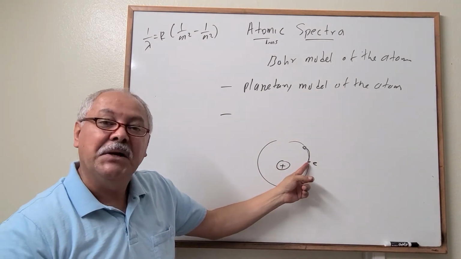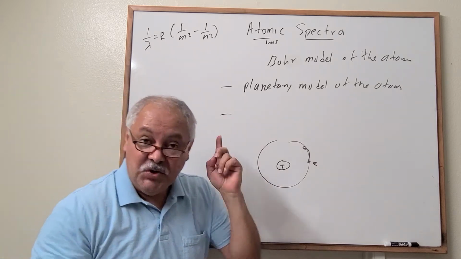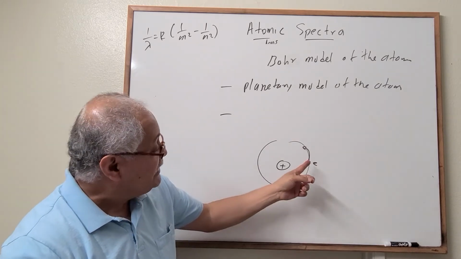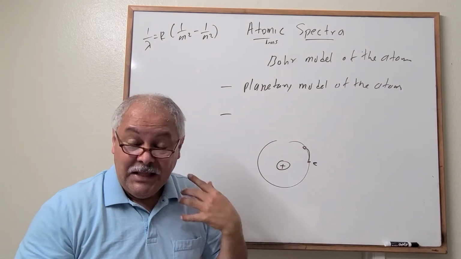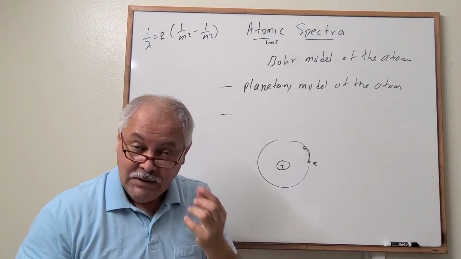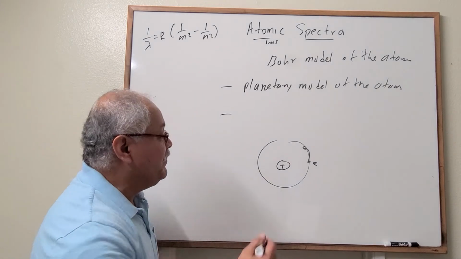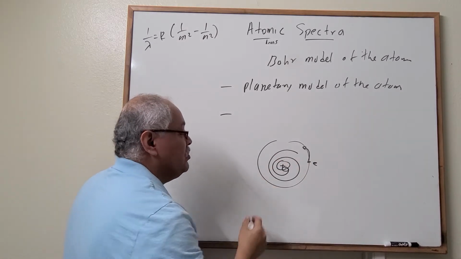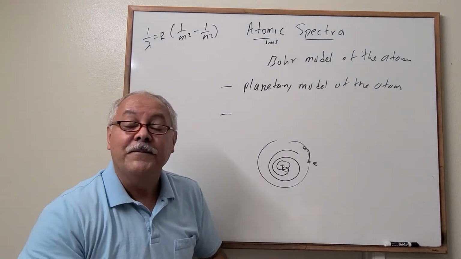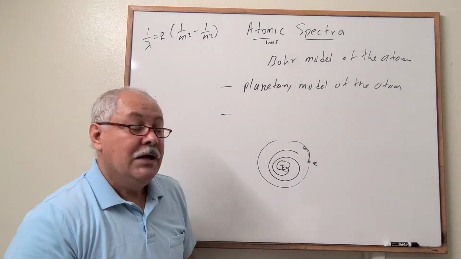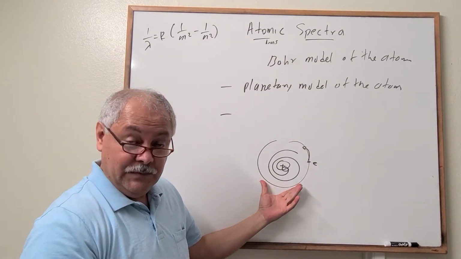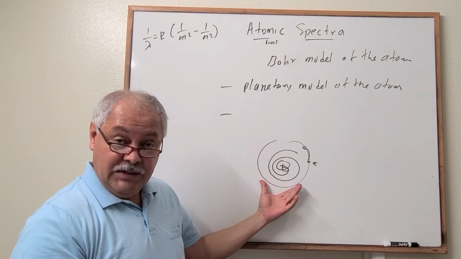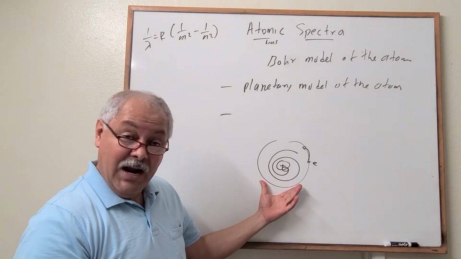This electron is being accelerated because it has centripetal acceleration, so the electron radiates energy. If the electron radiates energy, the distance decreases, and it is supposed to crash onto the nucleus, and the model disappears. The electron in the atom disappears in this way, but that doesn't happen.